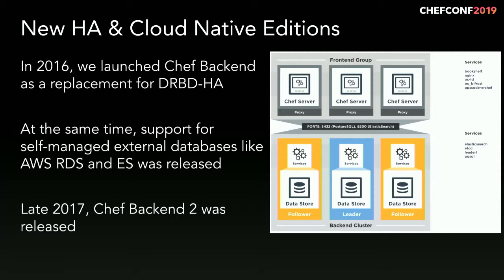That allowed things like the backend list topology of Chef Server, which was first pioneered by a customer who wanted to run it in AWS and use RDS and Amazon services. And later we ended up taking over kind of management and helping customers with doing that with the AWS native Chef Server. And then late in 2017, Chef Backend 2 was released.